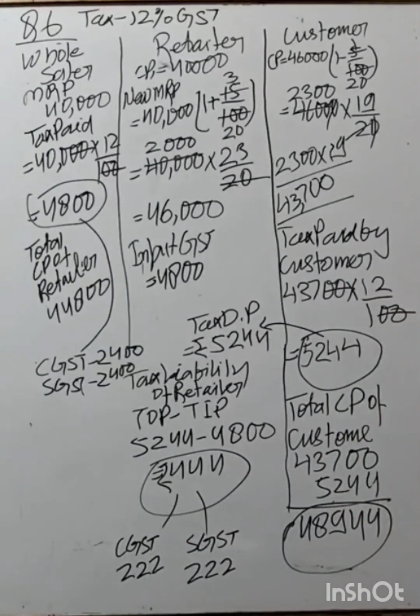What is it saying? The mark price of the TV, the amount which the consumer pays for the TV. So what is it? Cost price of the TV, that is 43,700. No, sir, 46,000. The mark price of the TV.